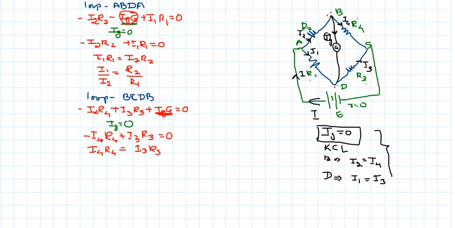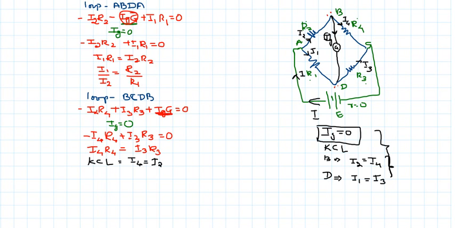But from the idea of KCL, what it tells here is, in the place of I2, I can replace it with I4, right? Therefore, from the idea of KCL, I4 is equal to I2.